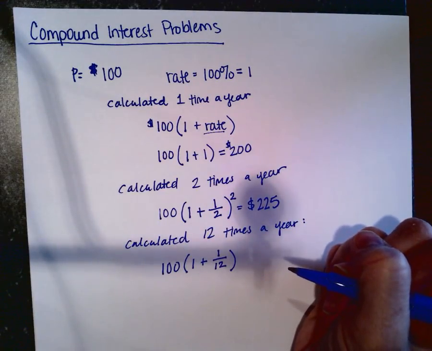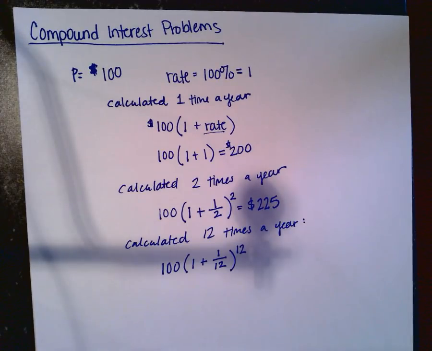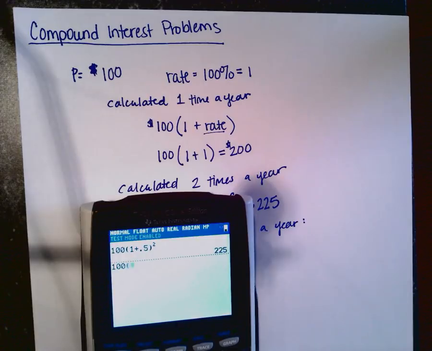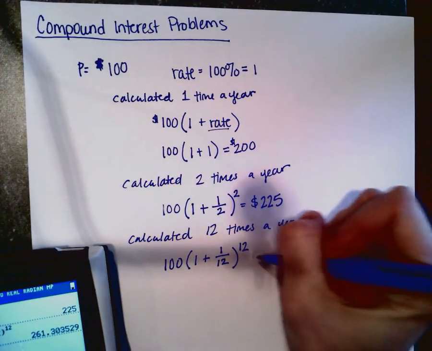And we're going to have to do that 12 times because I'm going to calculate that interest 12 times. So if I type that in my calculator, 100 times 1 plus 1 divided by 12, close the parentheses and raise it to the 12. Oh, wow, this time I have $261.30.